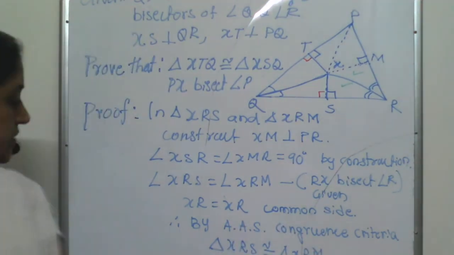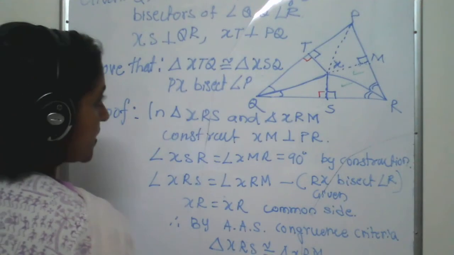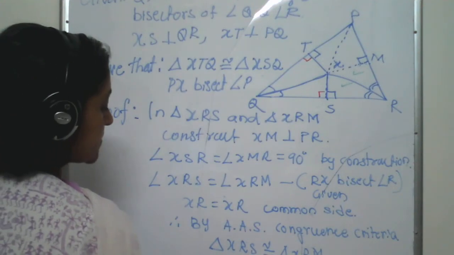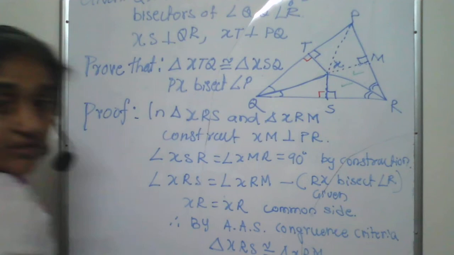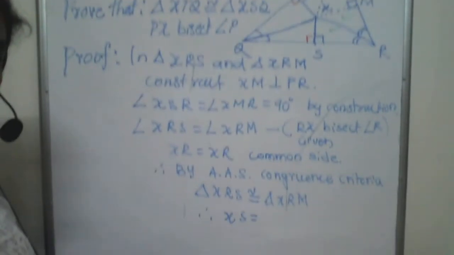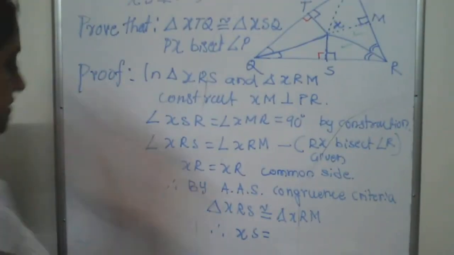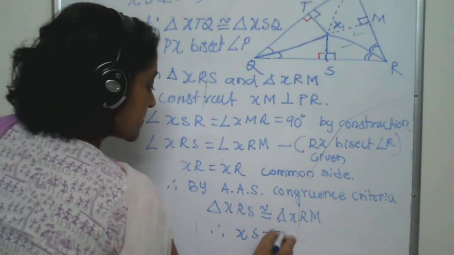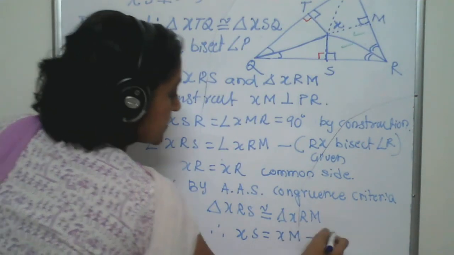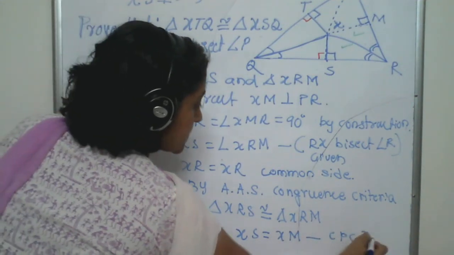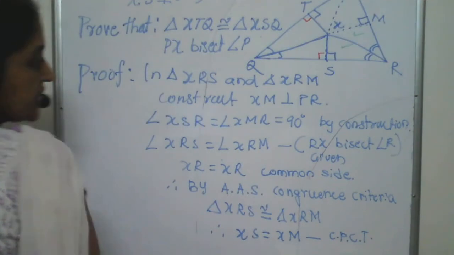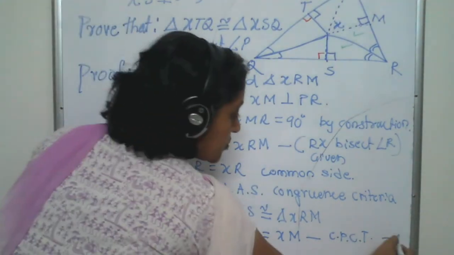Therefore what will happen here? XS is equal to XM by CPCT. So the earlier one can be treated as 1 and this as 2.